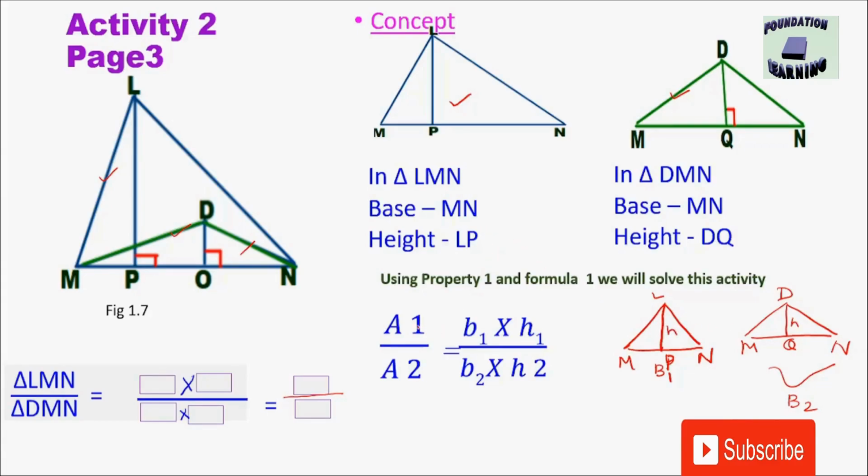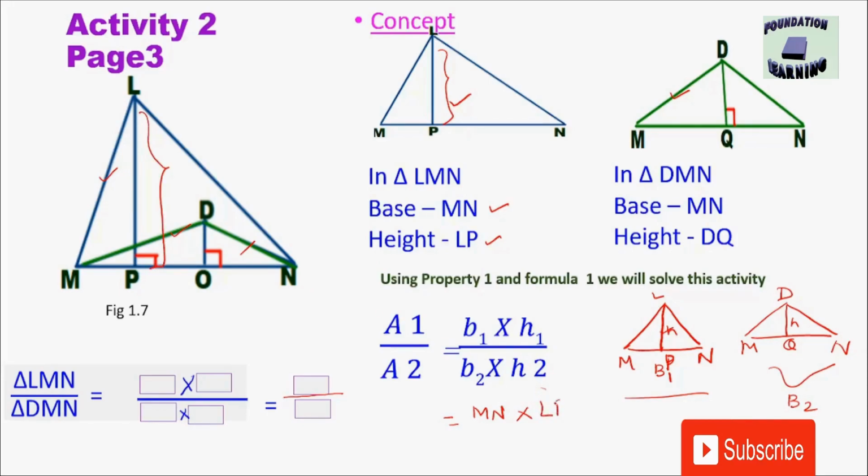So what is the formula? A1 upon A2 is equal to B1 into H1 upon B2 into H2. So what is B1? B1 is here, that is MN. Base is MN into height. What's the height? LP. It's here, in this figure, the bigger height.